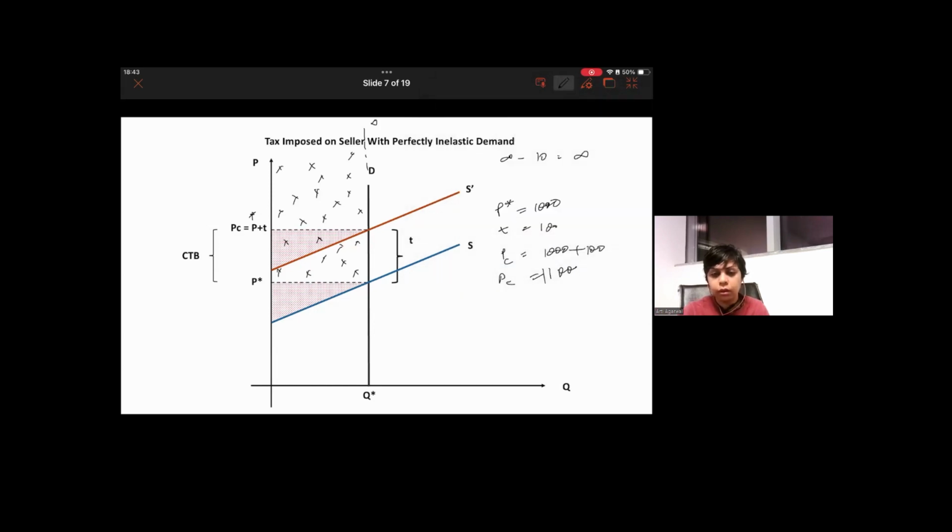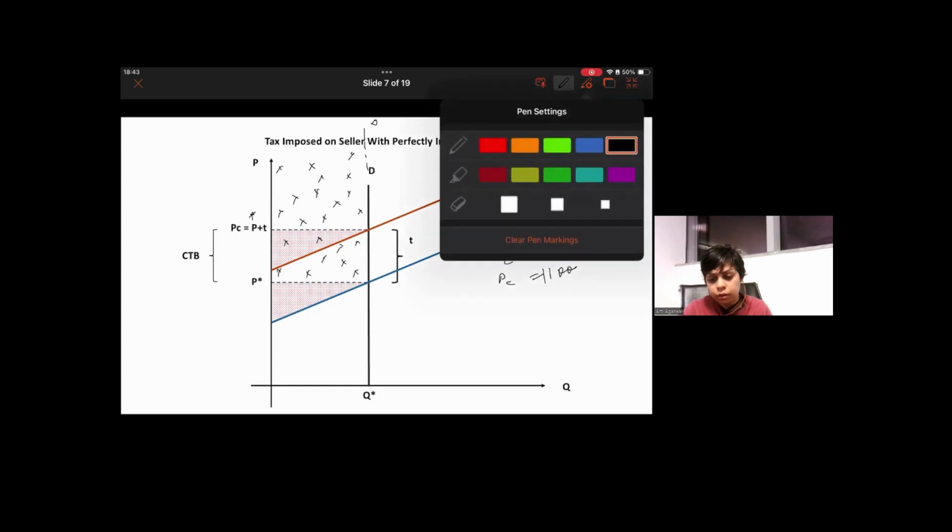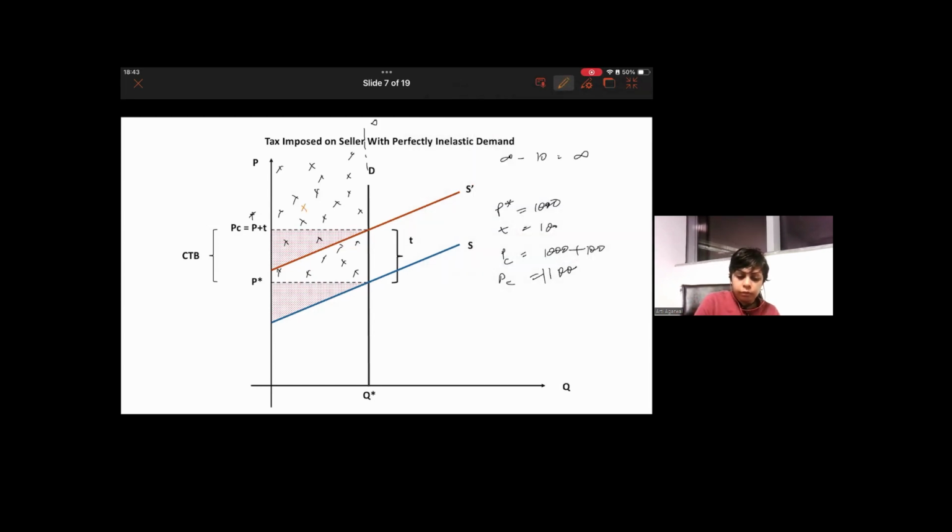Any problem with this? So after this, let me do this with another color. Now after your taxation, this orange star, this whole line, this part is your consumer surplus, again going till infinity. So technically there is a change. This triangle is the tax revenue collected, right?